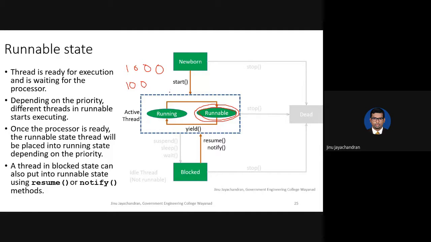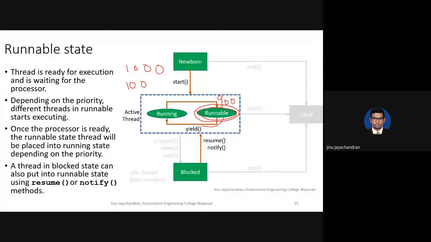So you put the 900 threads in the runnable state, so that when the condition comes, the thread can move to the running state and run. The runnable state is basically a waiting state where the thread waits for the operating system to schedule it so that it can run.